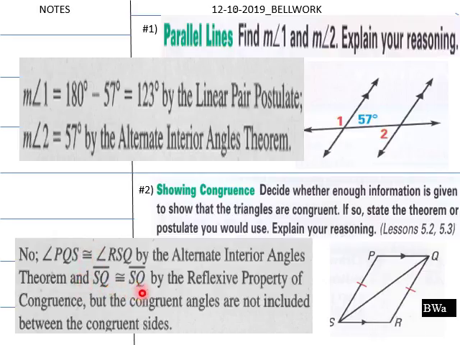And SQ is congruent to SQ by the reflexive property. We have this pair of congruence, but the congruent angles are not included between the congruent sides, so there's not enough justification here to decide whether these triangles are congruent. We have a side and we have some angles, but it's not enough.